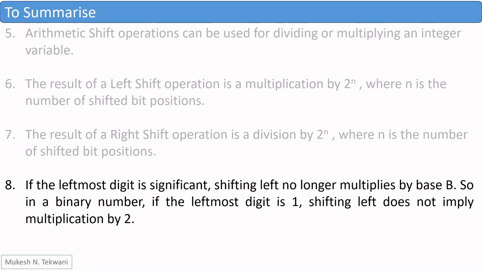So if the leftmost digit is 1 and if we shift to the left, this leftmost digit will be pushed off on the left and it will be lost. So shifting left does not imply multiplication by 2 in all cases. These are the important rules that we must remember when carrying out left and right shift operations.